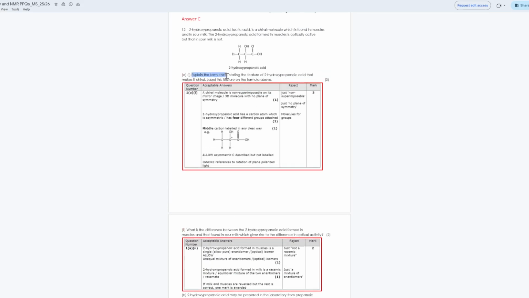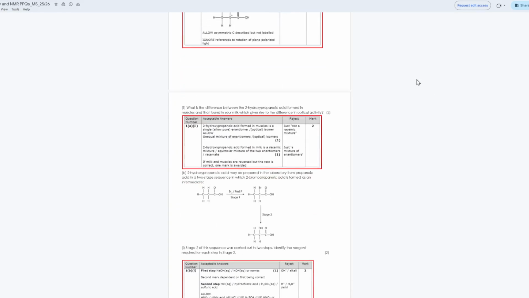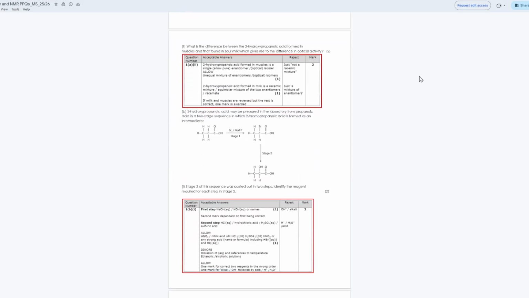Explain the term chiral, not chiral molecule or chiral carbon, just chiral. But the feature of 2-hydroxypropanoic acid that makes it chiral, so referring to the whole molecule there, is chiral. And then it says chiral molecule up here as well. So that's clearly the association that I needed to make there. I kind of missed that, but you know, it could be worse.